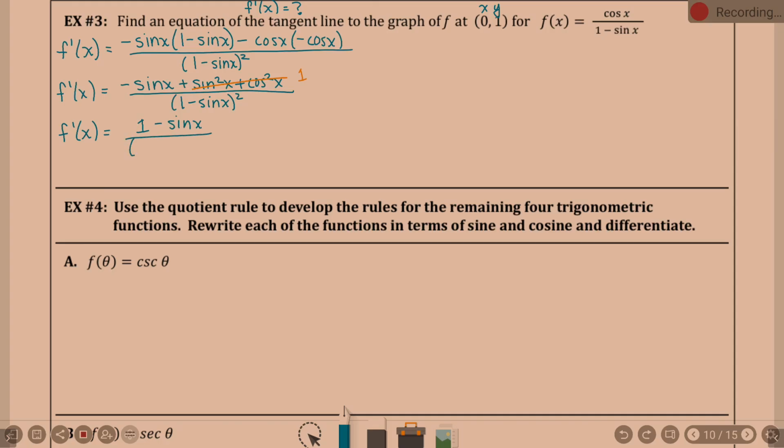It's 1 minus sine x squared, isn't it? And so just like the previous one, you can cancel a factor, and we'll leave it as 1 over 1 minus sine x. Tomorrow when we're starting class, you can work to get your equation of the tangent line. Okay?